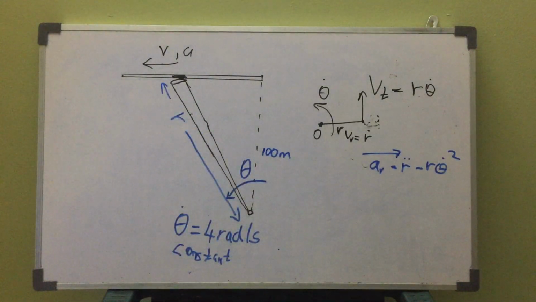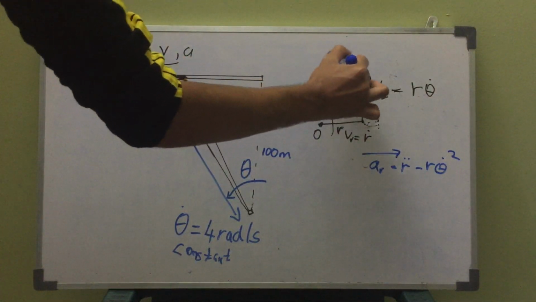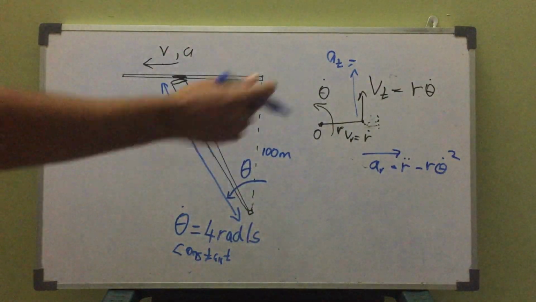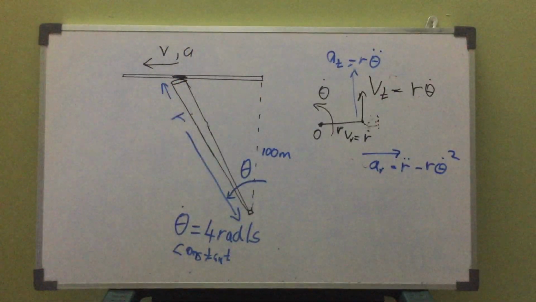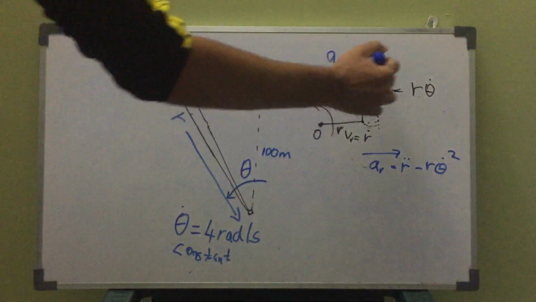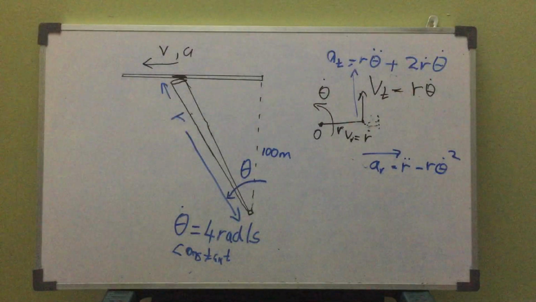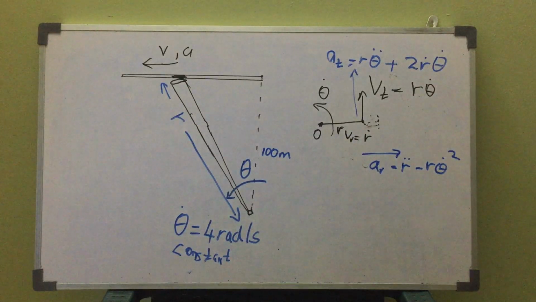It's enough to remember this one. And in the transverse direction, AT would be equal to r into theta double dot, the second derivative of theta, plus 2 r dot theta dot. You need to remember this equation, otherwise you can't do this question.